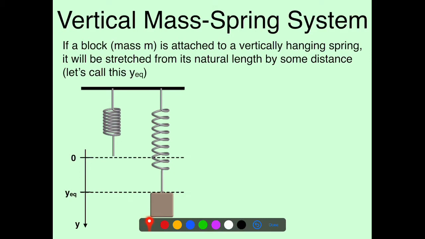But then when we put a mass on the end of it and allow it to hang vertically at rest, we'll see that the spring has stretched out by some amount. And it's stretched out by an amount which I'll call y_eq once we add that hanging mass. By the way, for this derivation that we're going to do, I'm going to have the y-axis pointing down. So just keep that in mind.